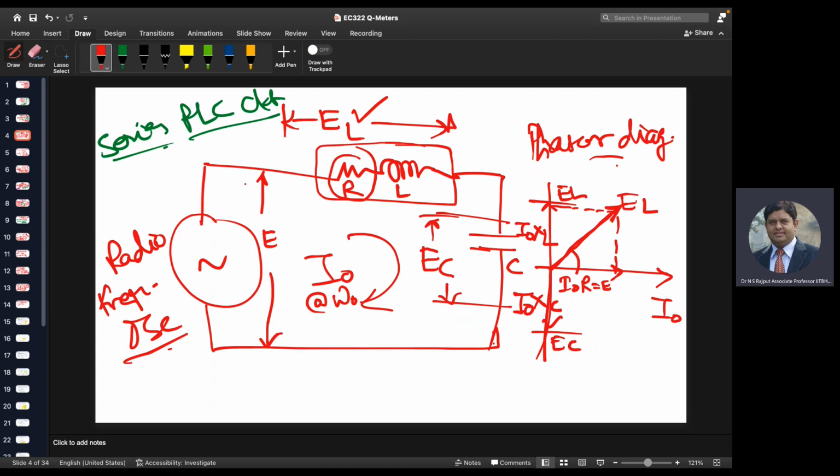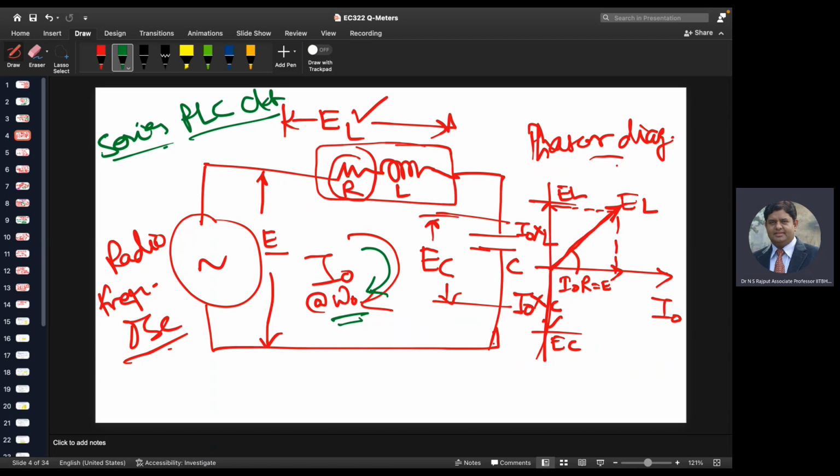So this is a power source which is supplying an electric voltage of E. Because of this, some current I naught at resonance frequency flows through all these three elements. Fine. So this I naught is the same through R, L, and C.